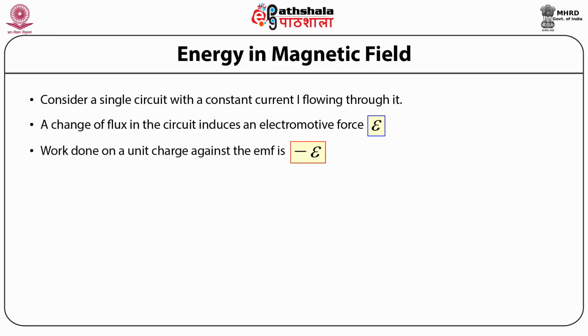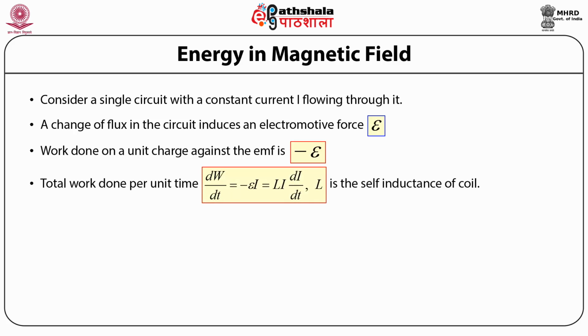So if we want to calculate the work done on a unit charge against this induced electromotive force, then this is minus of epsilon. So the total work done per unit time can then be given as dW/dt, the differentiation with respect to time of the total work done W, is equal to minus epsilon times I, where epsilon is the induced electromotive force and I is the current which is flowing in the circuit.